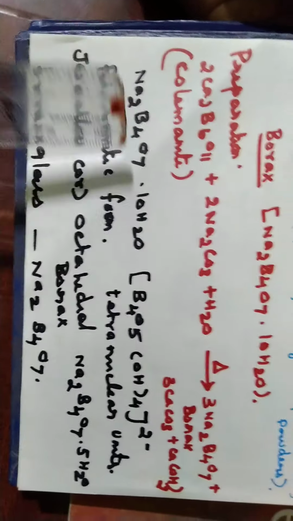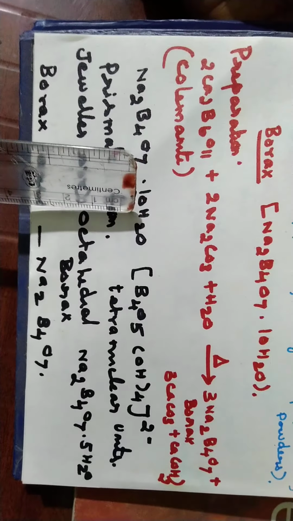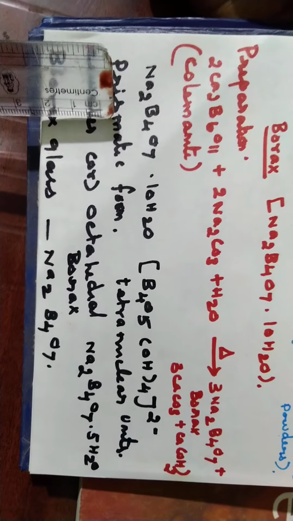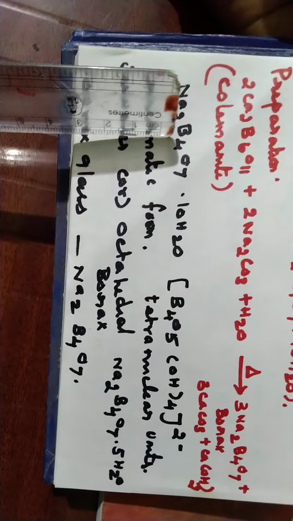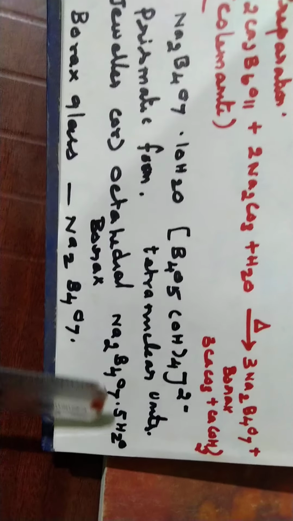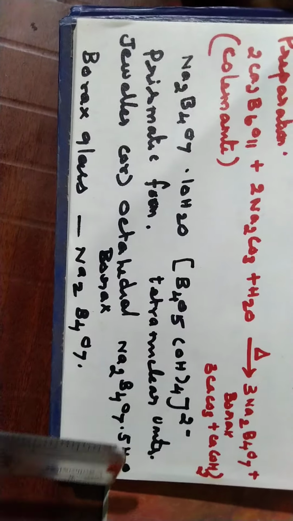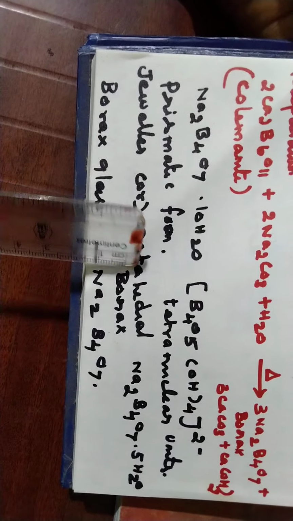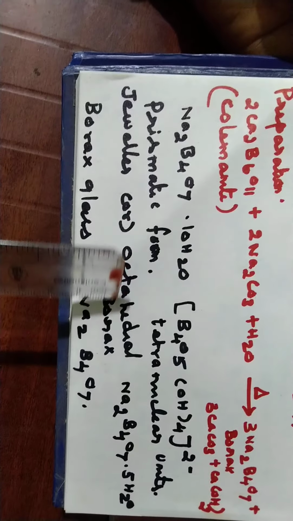What is the prismatic form? If borax contains 10 water of crystallization, or 10 water molecules, then that is called the prismatic form. If borax has only 5 water molecules instead of 10, then that is called octahedral borax, otherwise jeweler's borax.